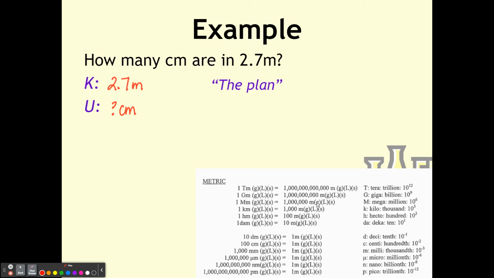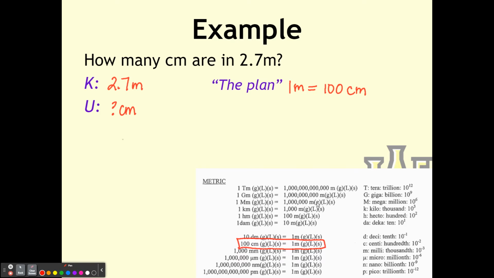Well, there are all these things that say equal 1 meter, okay? So from 1 meter, I need to go to centimeters. That is the second line down here. So I have 1 meter equals 100 centimeters.